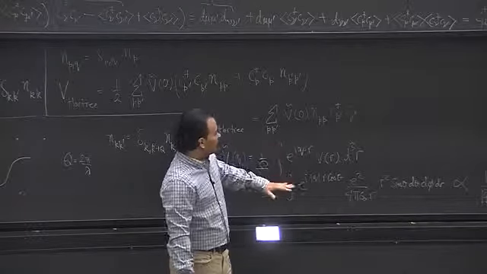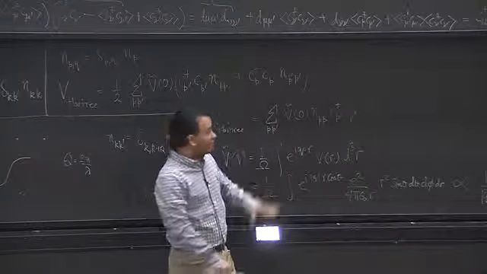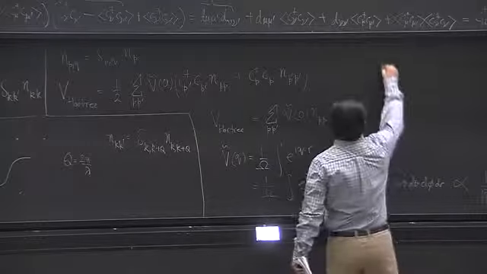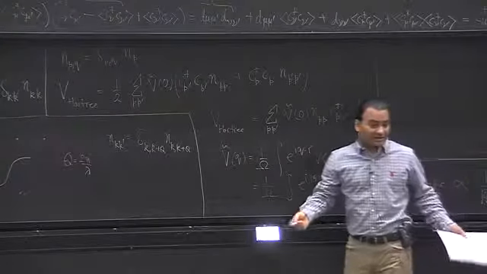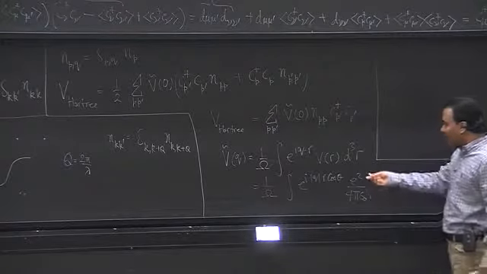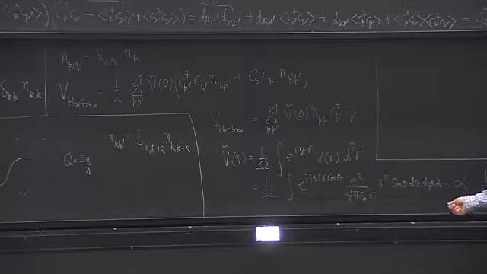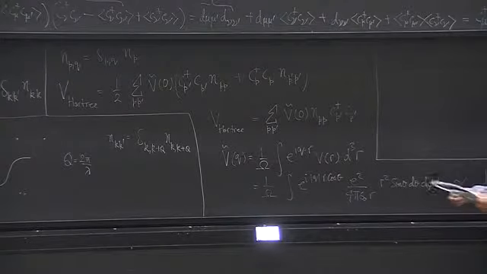Let me just write down the Fock term also. The reason I'm doing that is to see if the Fock term has a divergence also. So we see that the Hartree term has this well-known infrared divergence. Let's look at the Fock term.